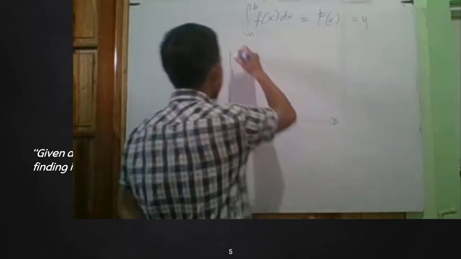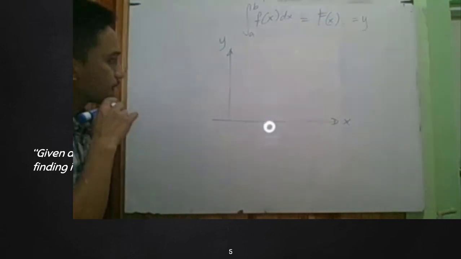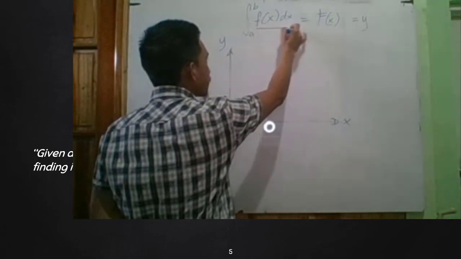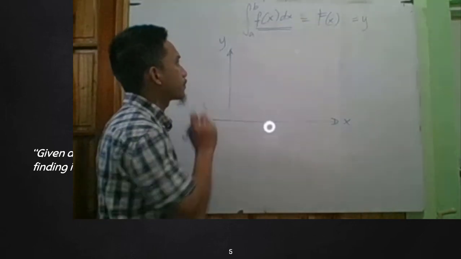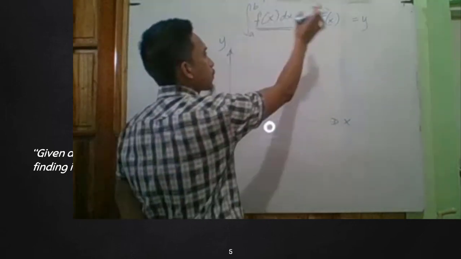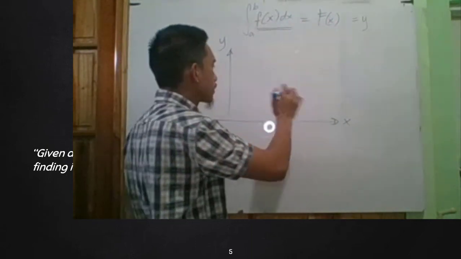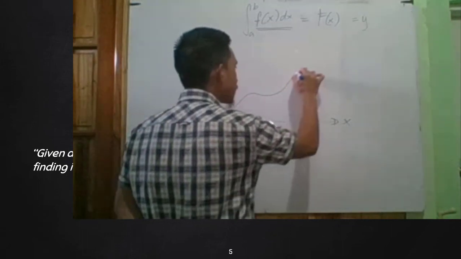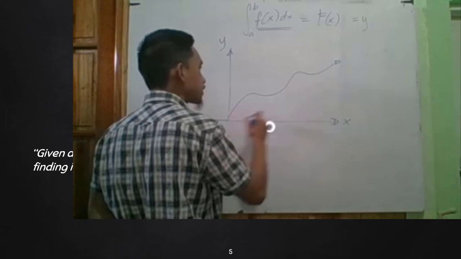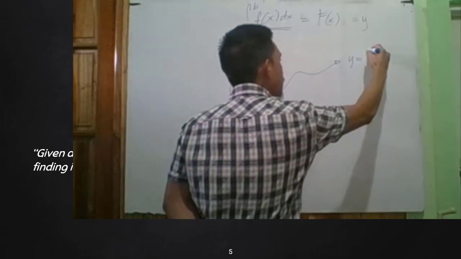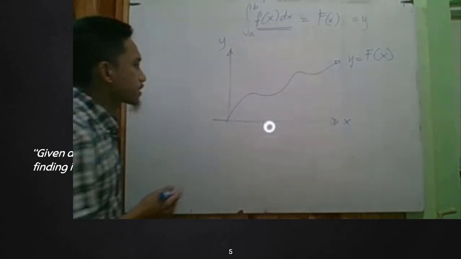let's try to consider that one in a graph. This is x, this is y. Okay? You are given the differential equation, and you are trying to get the value of the original equation from x equals a to x equals b. That is the meaning of this. So for example only, that is y equals f of x.